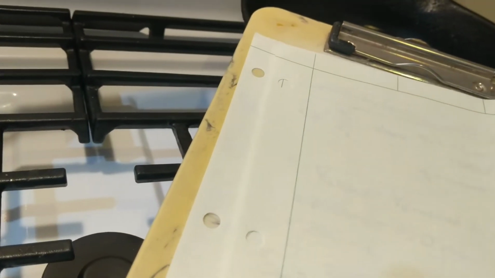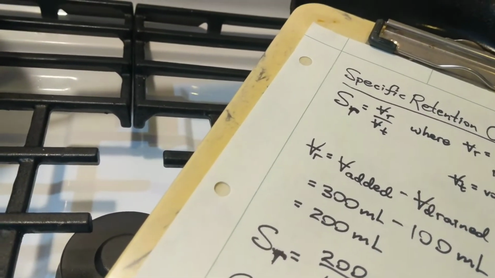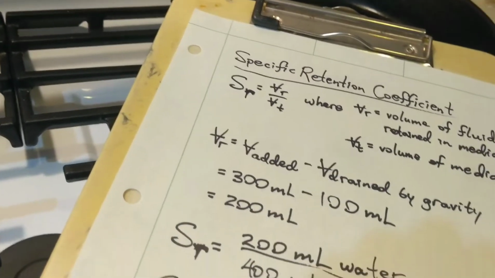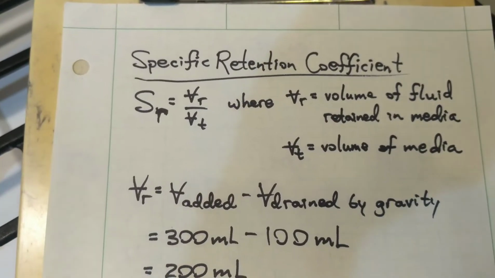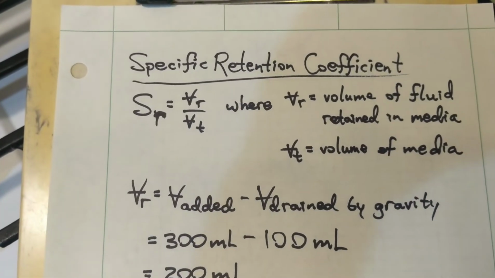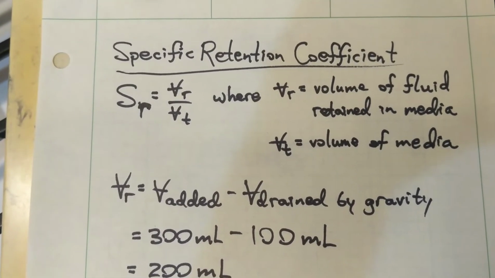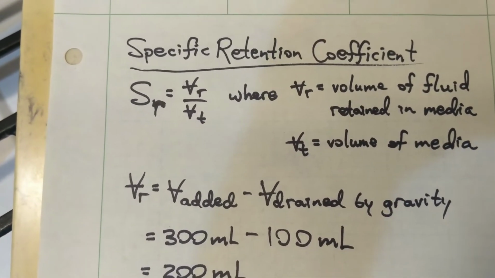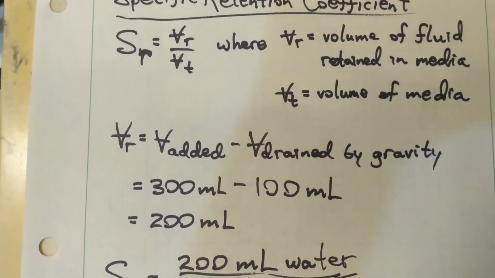Then, if you wanted to look at another perspective of storage, you could look at the specific retention coefficient of oatmeal, where specific retention is defined by the volume of fluid retained in the media instead of released from the media over the volume of the media.